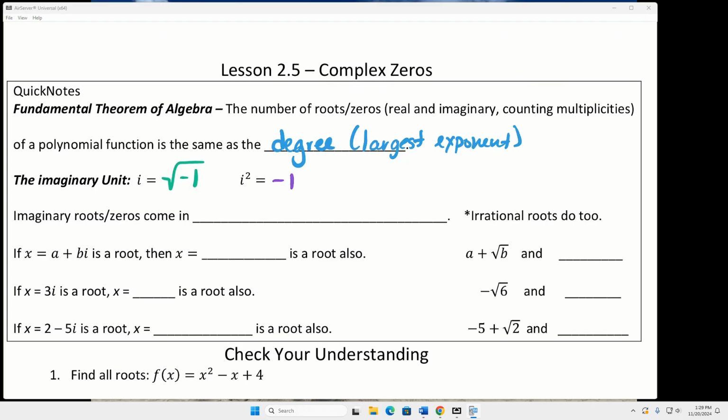One thing we're going to use a lot today, and when you do your assignment tomorrow, is that imaginary roots come in conjugate pairs.